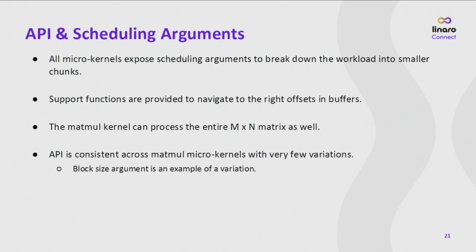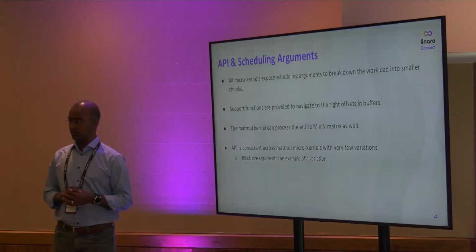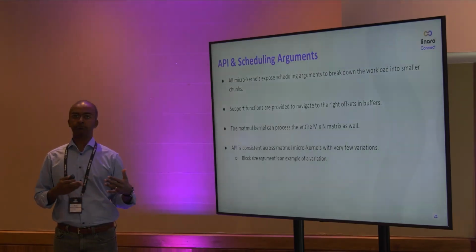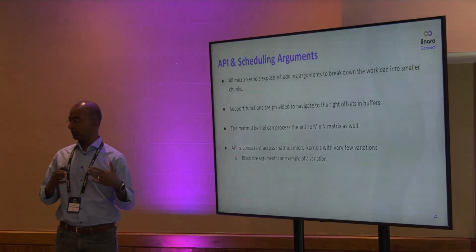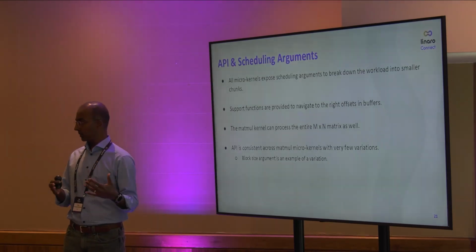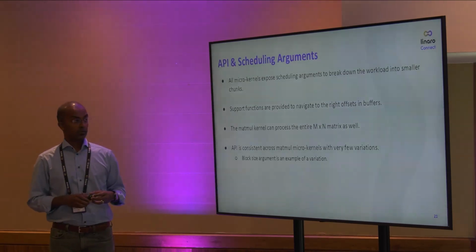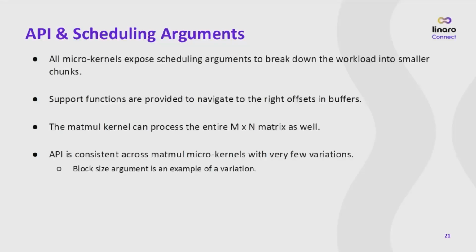And finally, there is some additional information, like all microkernels expose scheduling arguments. This will help you schedule or break the problem statement into smaller pieces and work on that. If you don't want to use that, and if you want to provide the whole entire matrix to the microkernel, that's fine as well.